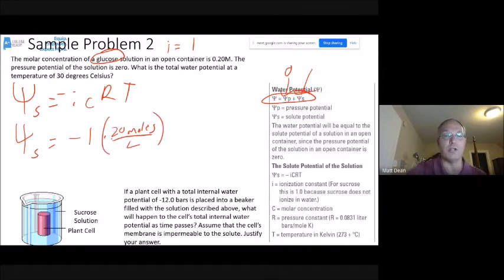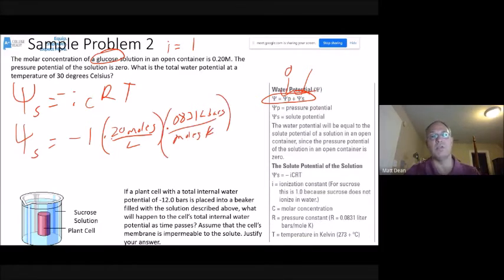The R is the pressure constant, 0.0831. And again, the units are liter bars over moles times Kelvin. And then the temperature is 273 plus 30. So we've got to add 273 to 30 to get 303 Kelvin. Cancel our units.